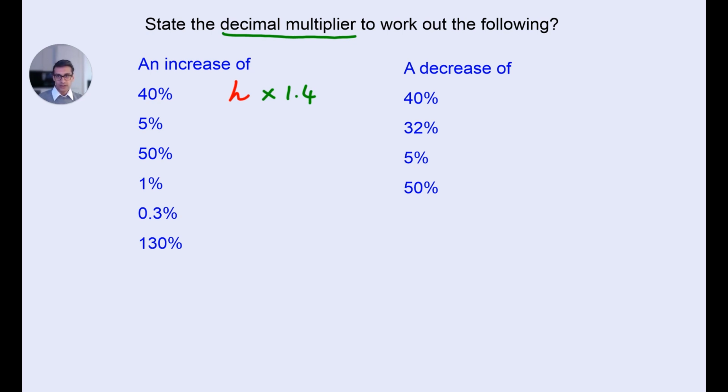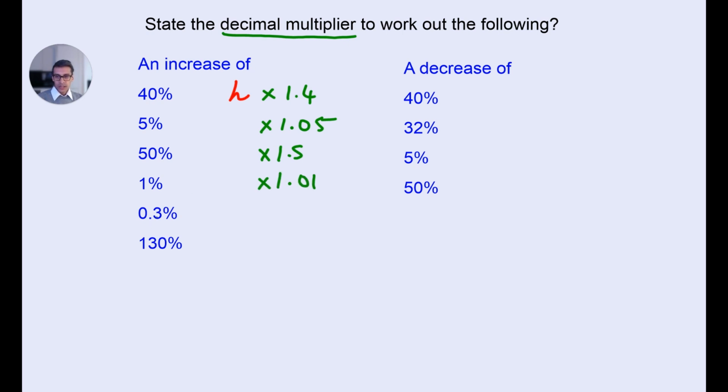Okay, I'm going to show you the answers now. So a 5% increase is times 1.05. A 50% increase is times 1.5 because it's 150%. A 1% increase is 101%, so 1.01.